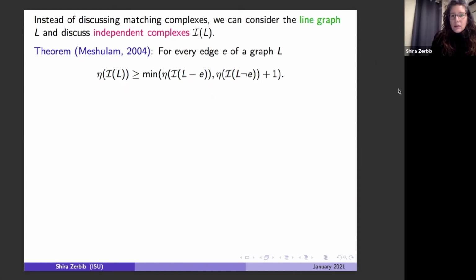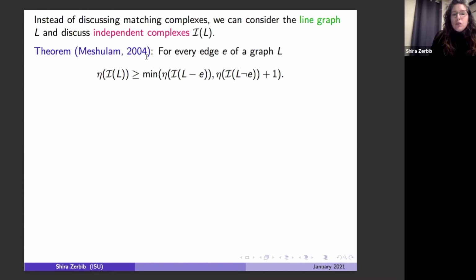Independence complexes of the line graph, right? So now the vertices of the complex will be the vertices of the graph, and the simplices are the independent sets of the graph, right? And clearly this is a simplicial complex because it is closed down.